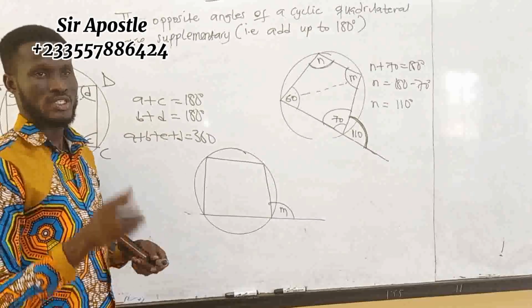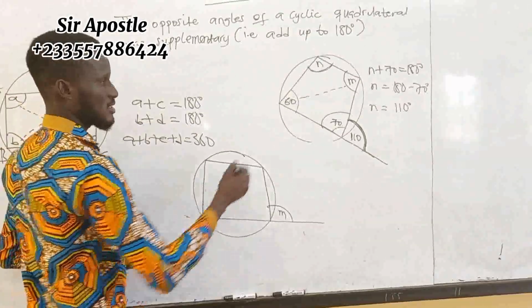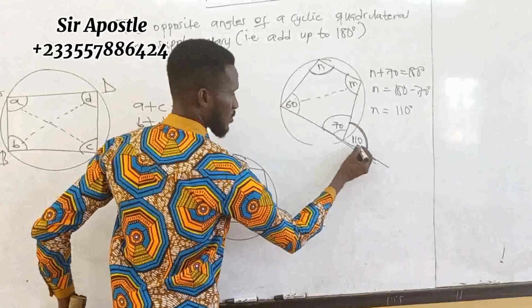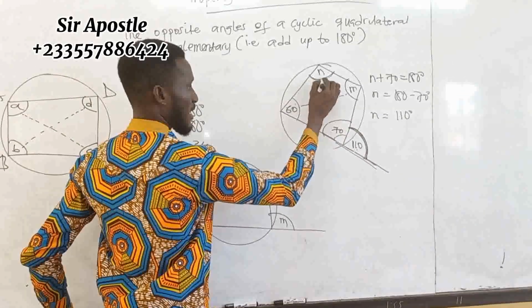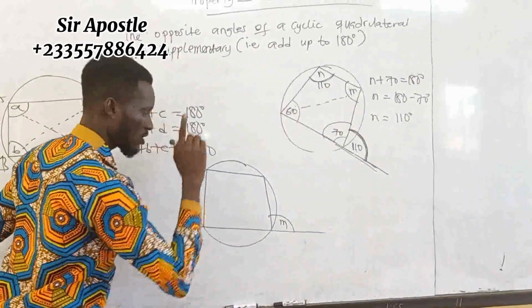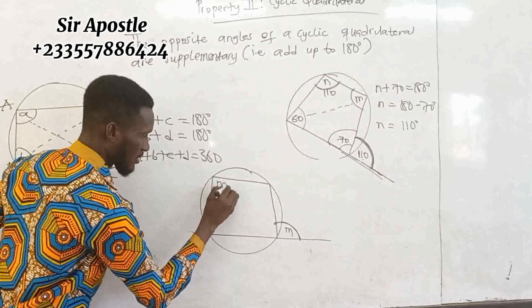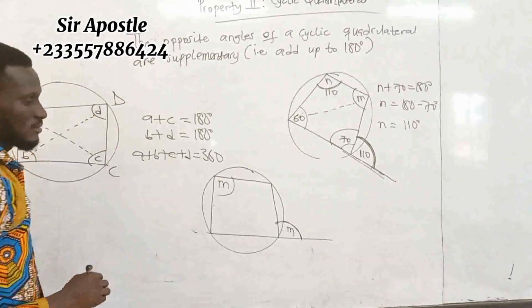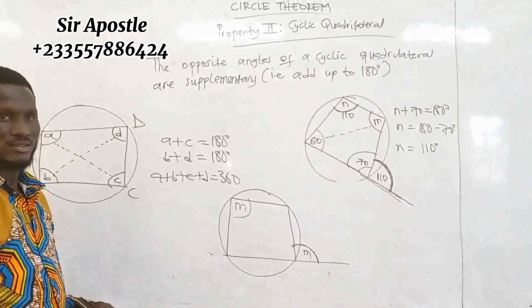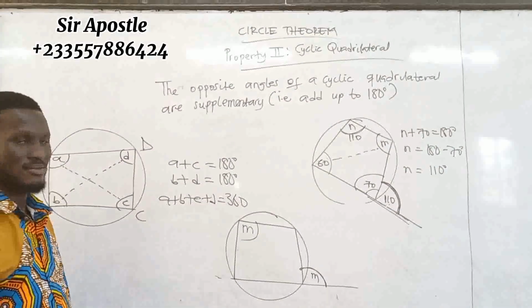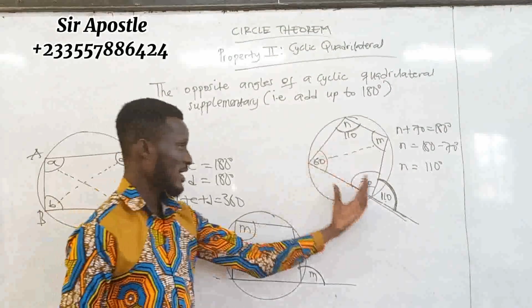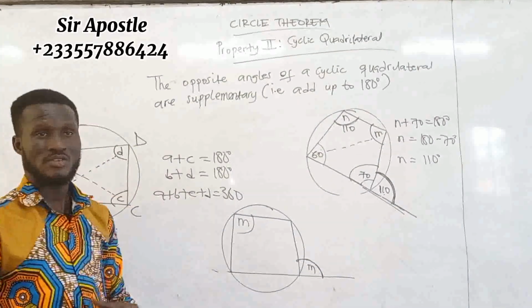We can draw this conclusion that since the extended part here is 110 and the N here is also 110, the extended side is always equal to this side. I hope we can make that conclusion when it is a quadrilateral. We solved it and had the same answer because we're always looking for a simple way to get to the answers.